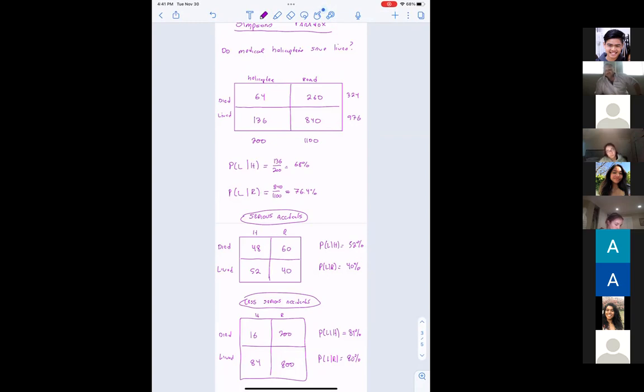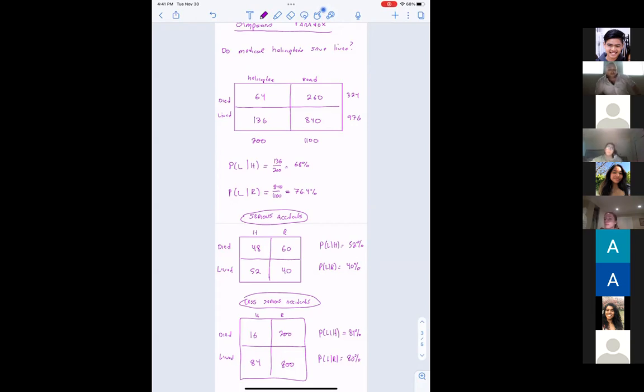But now look at the numbers for roads. What is the probability of living if you go by road for serious accidents? 40%. And how about for less serious accidents? 80%.